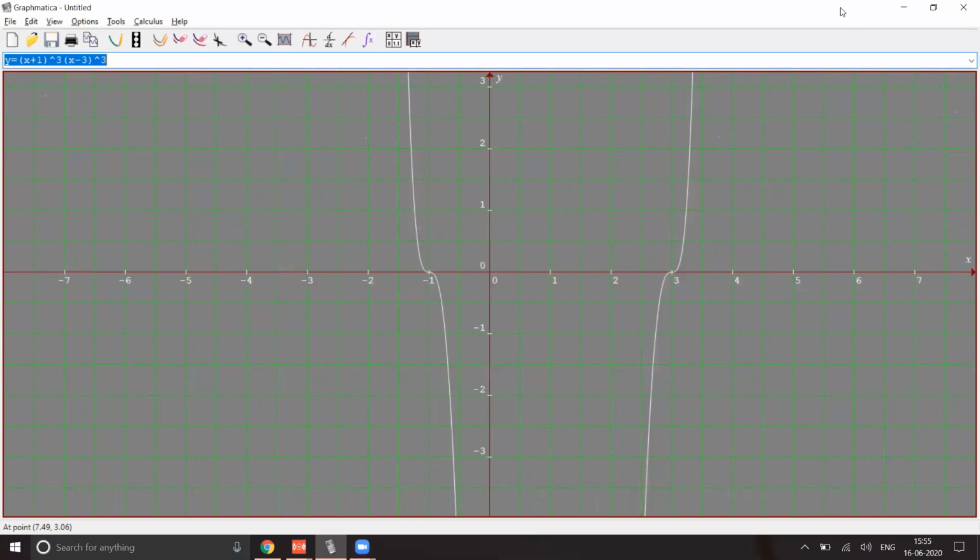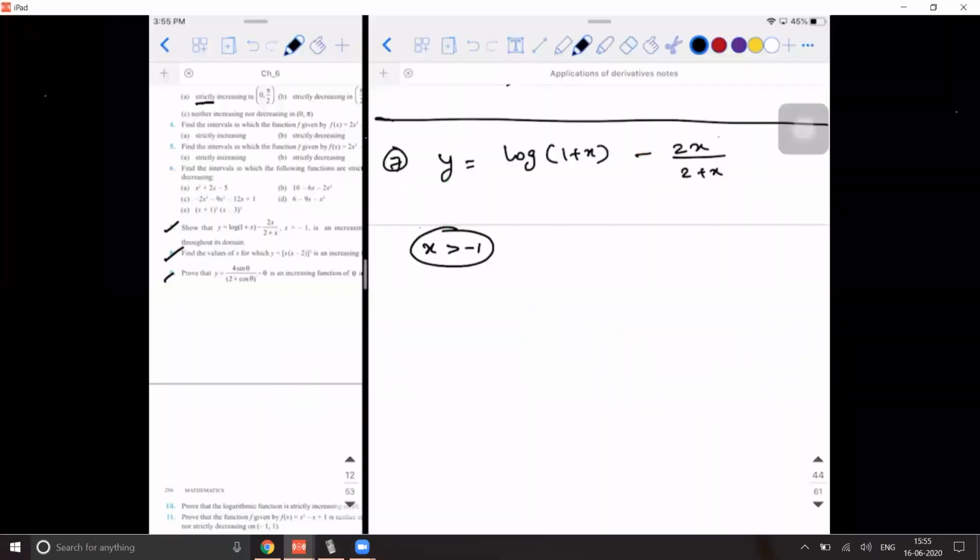So y is equal to log of 1 plus x minus 2x divided by 2 plus x. So how to do this? The reason why they have given x is greater than minus 1 is because of how to check the domain of log.